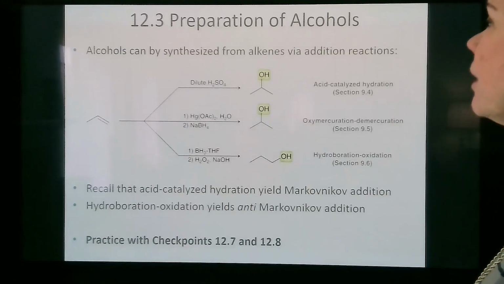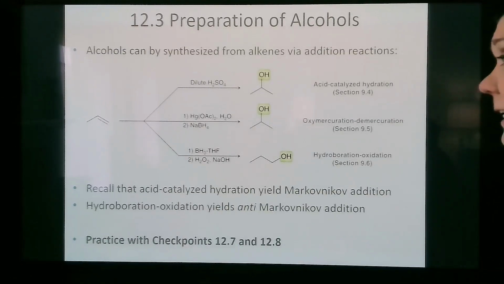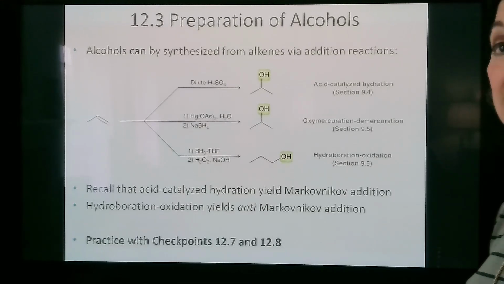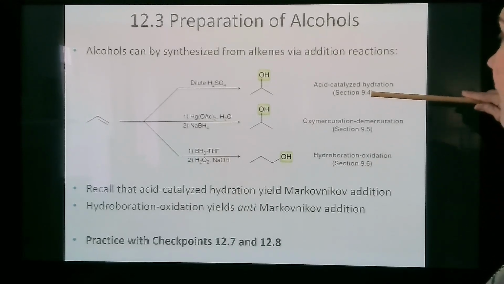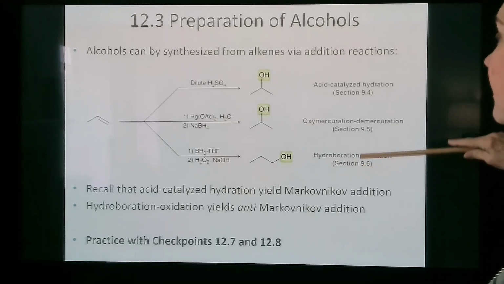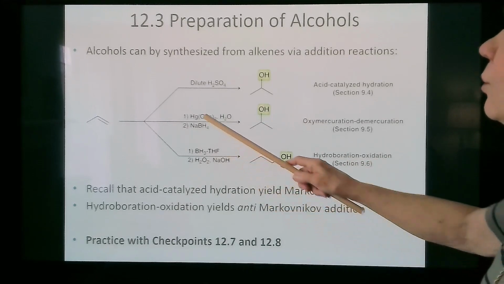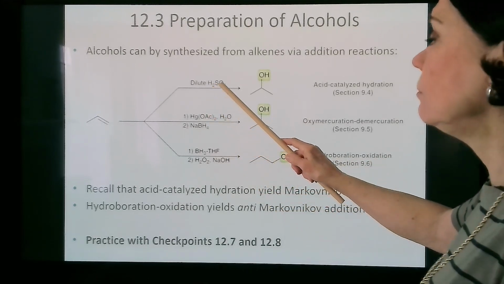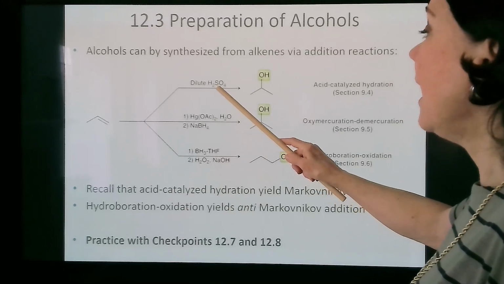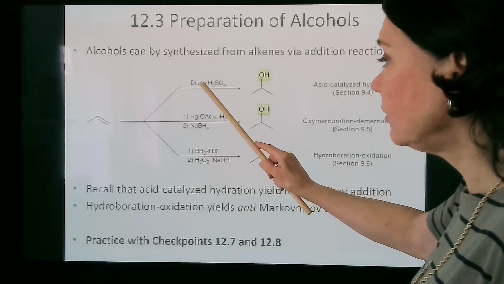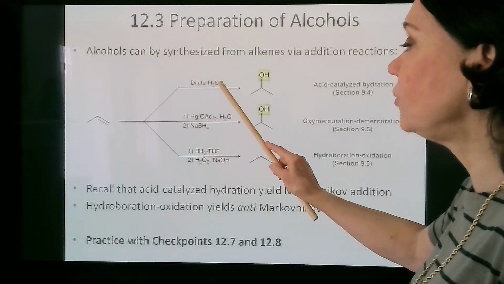Now you can have preparation of alcohols from alkenes by these addition reactions, and these are also reviews. You saw this in Chapter 9, Sections 4, 5, and 6. You remember you can use a little bit of acid and water. So here when it says dilute acid, that means in water.